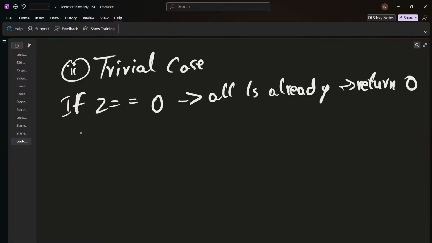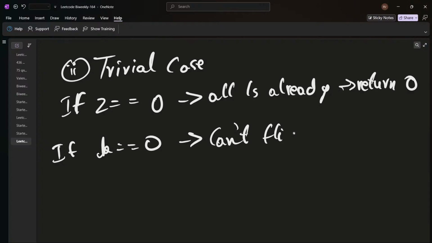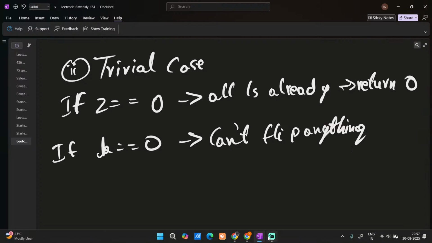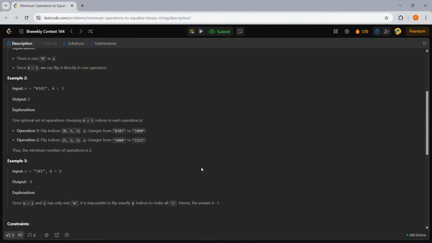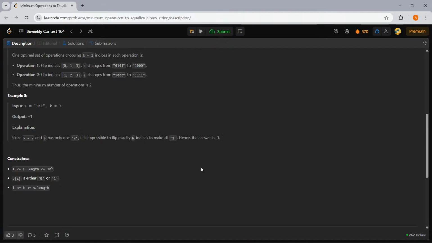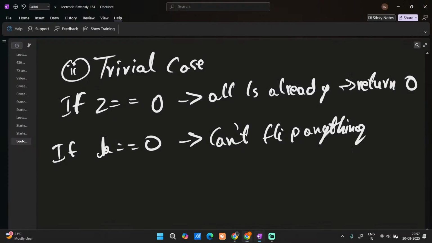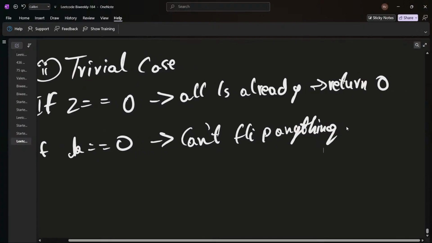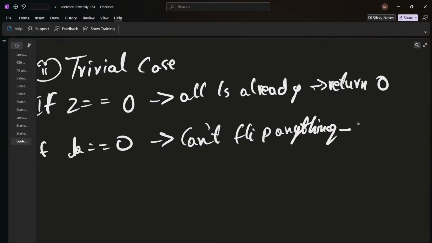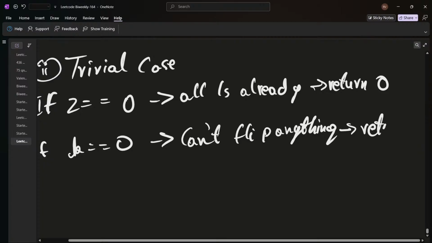Then one more, if k equal to 0, we can't flip anything. Is it given in the constraints? Let me see what k value they have given. Okay, this condition we may or may not need because k is already greater than zero, but for safety I am applying it. In this case, return -1.